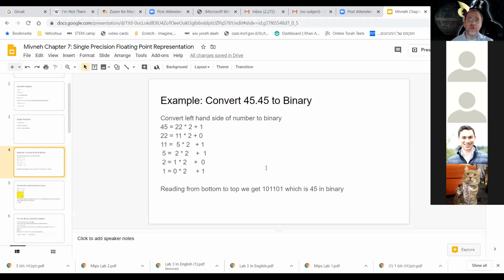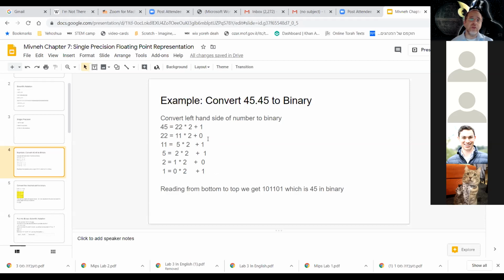Why do we read it from bottom up? It's a good question.